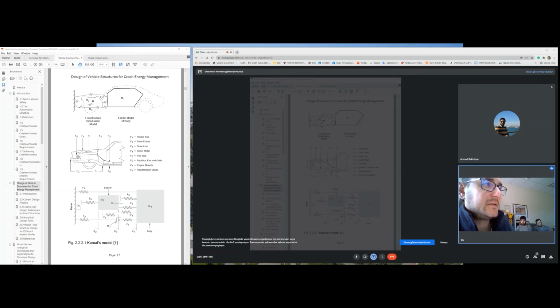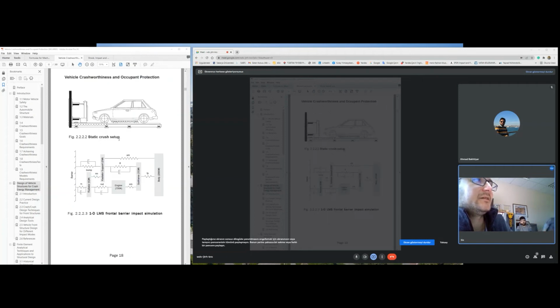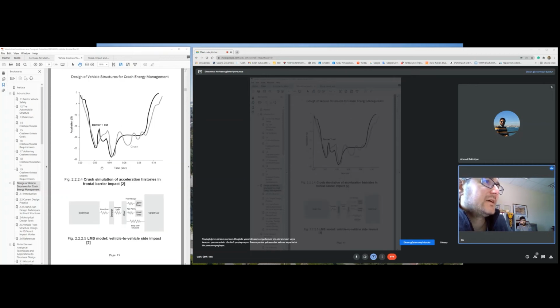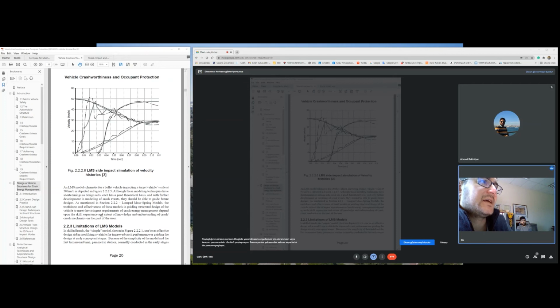It is describing the elements by using springs, because when the sheet metal hits the wall, it's going to bend, buckle, fold. This behavior, Kamal's model, is going to define the energy absorbing system. So it is again describing the steps.